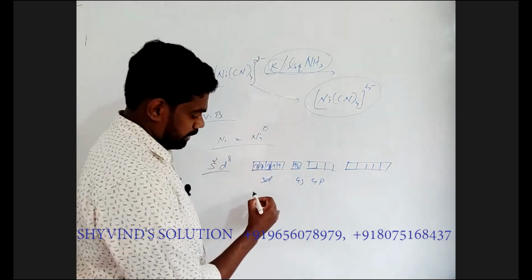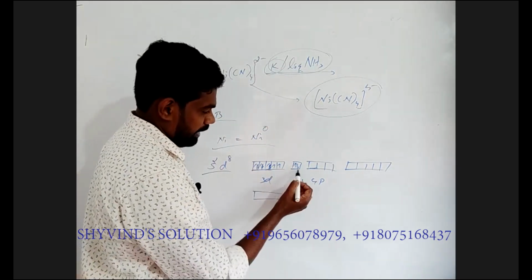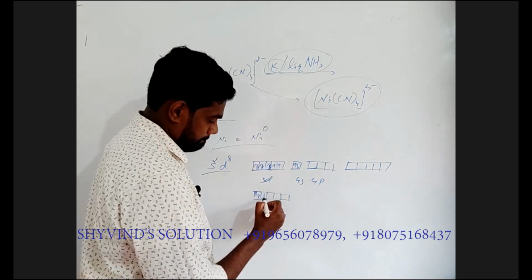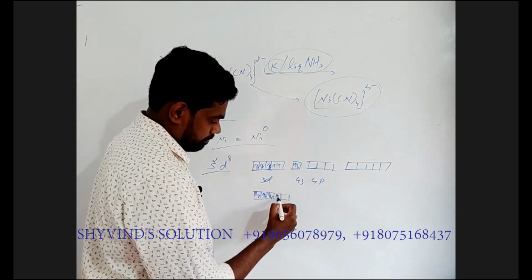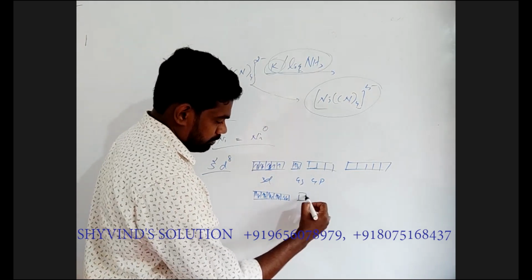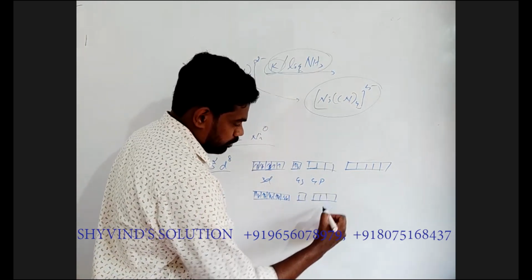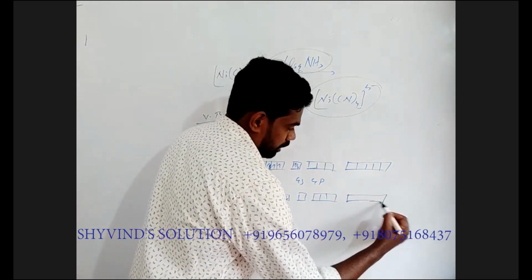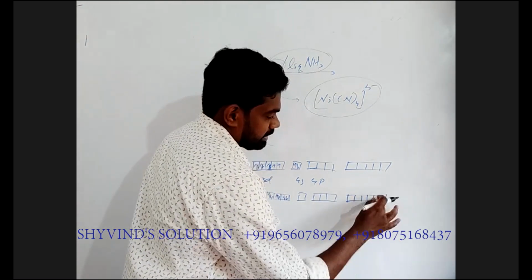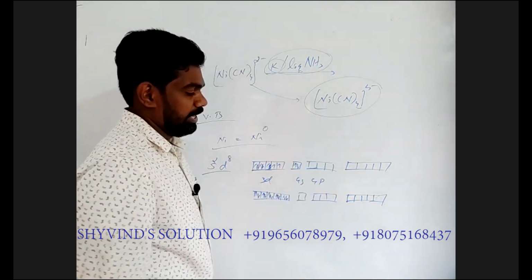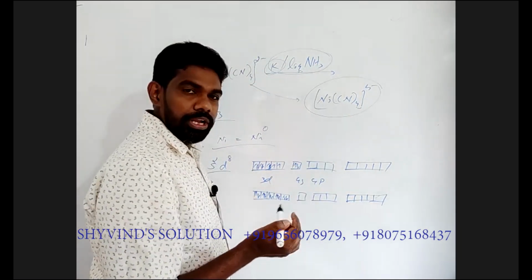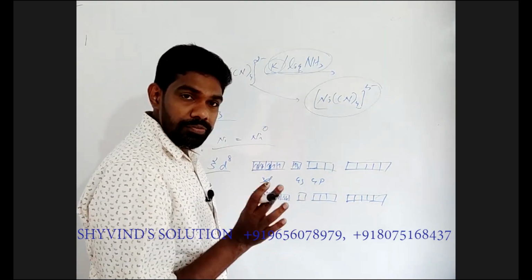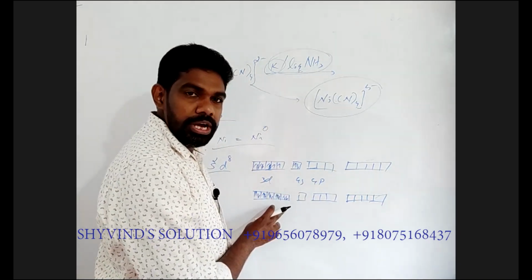The excited state, what happened is the electron will excite from here to here. So now it becomes a d10 electronic configuration. Okay. So even though the ligand is very strong here, CN is a strong ligand, the inner orbital cannot undergo hybridization because all the orbitals are fully filled. So it can't undergo hybridization.